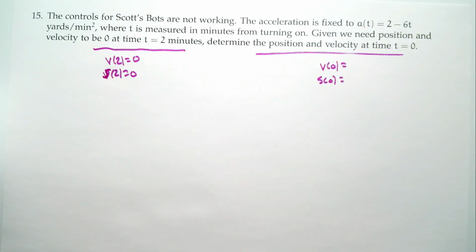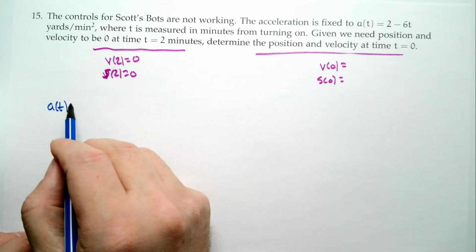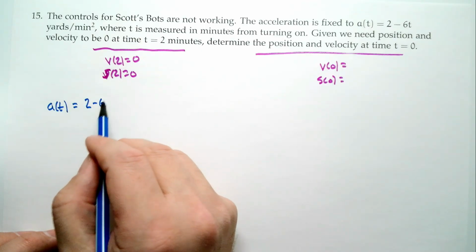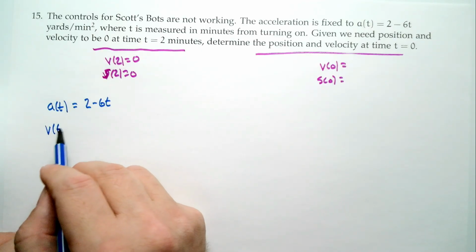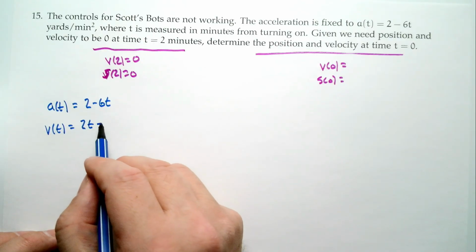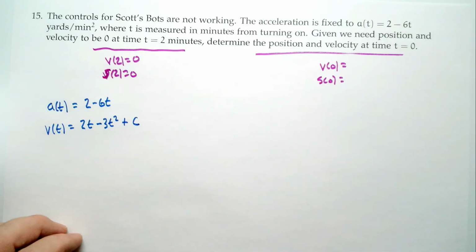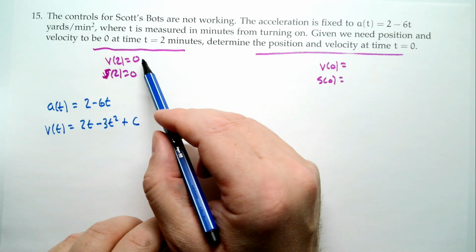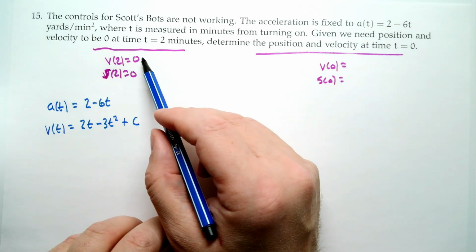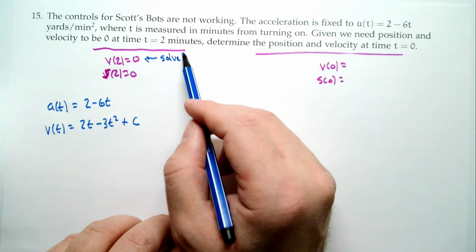So we start at this problem. We say, all right, acceleration and velocity and position, they have nice natural connections. So in particular, if I start with acceleration, if I want to get to velocity, I would take the antiderivative. So that would be 2t subtract 3t squared plus some constant c. Now we say, well, we have information about velocity, so that v of 2 equals 0, we can use this to solve for our c.